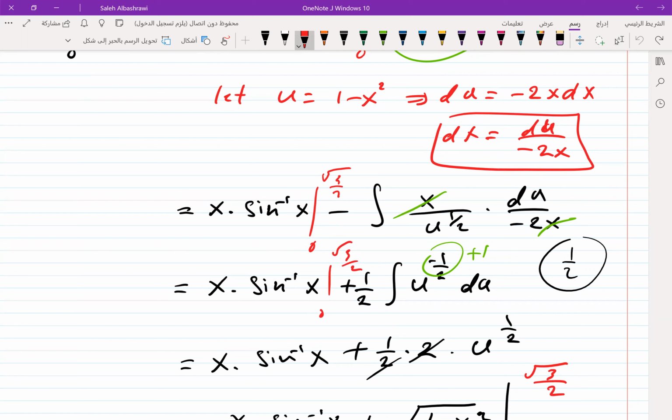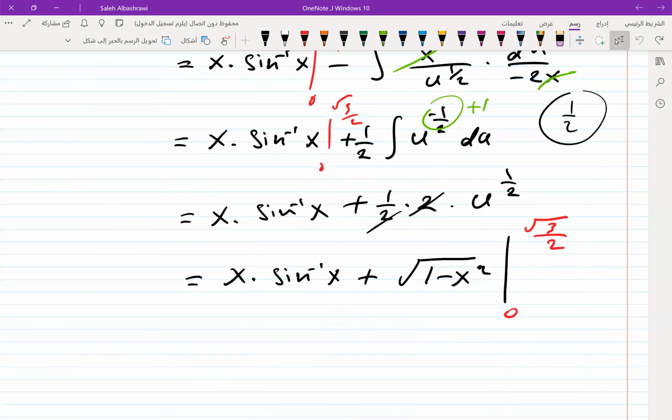But for the second part, since we changed the variable to u, I have to change the limits, or I will just find the function, integrate it, write it back as a function of x, and then use the original limits for x, which is between 0 and square root of 3 divided by 2.